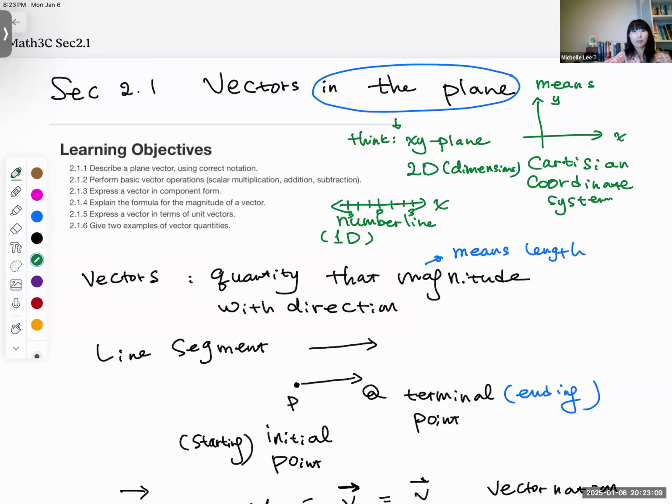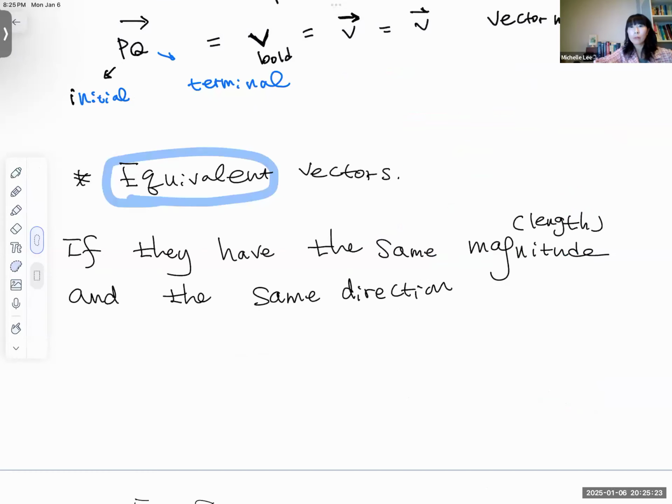They are equivalent if they have the same magnitude and the same direction. Magnitude, we just introduced the vocabulary, is length. So basically the same length with the same direction, we say they are equivalent vectors.